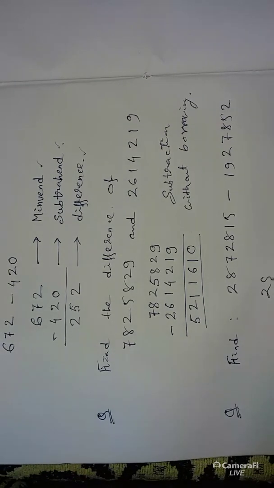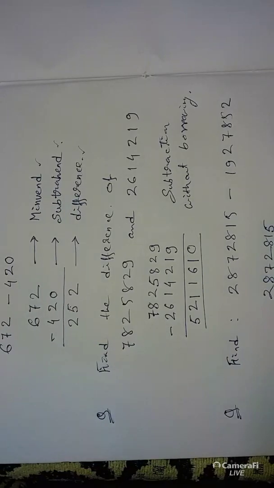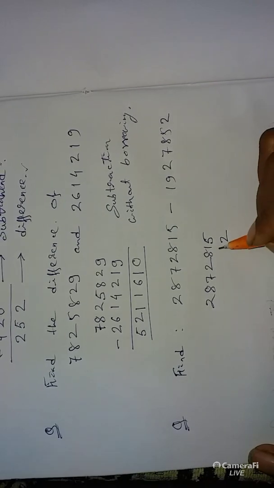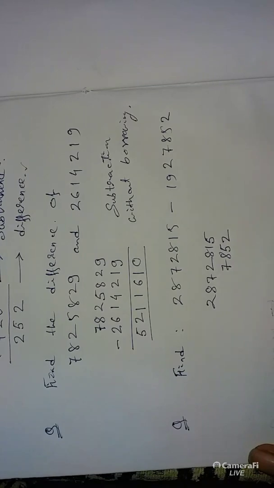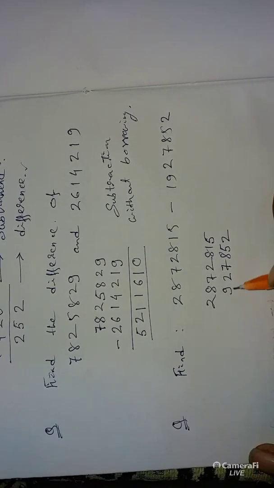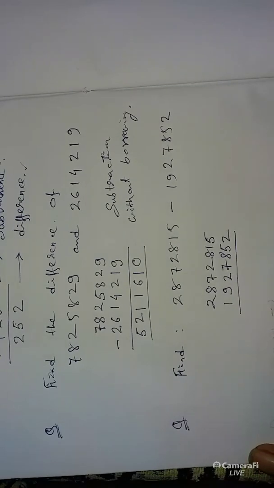Let us arrange first the larger one, then just below it this number, but starting from the right hand arrange the number 2 5 8 7 2 9 1. Okay, now we have to subtract.